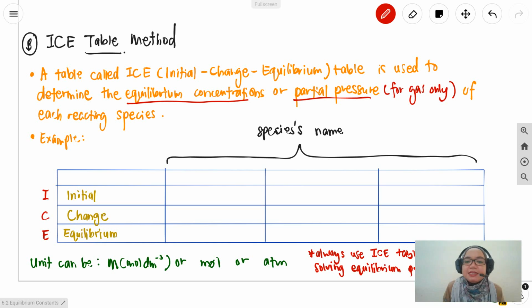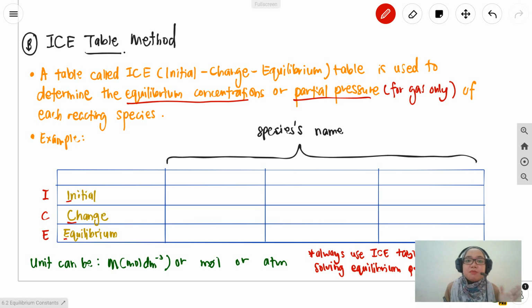So this is how the table will look like. They have the species name, and then we use the initial, change and equilibrium, where you find this ICE table. The unit for this can be in molar, mole per dm cube, or mole, or atm. So atm for pressure, molar for concentration, and mole is a rare question.